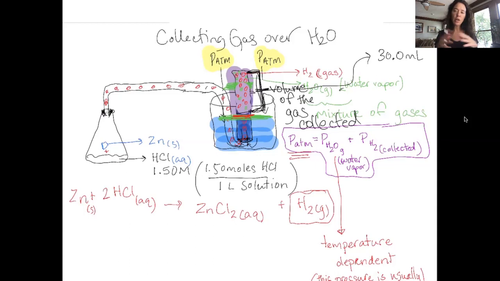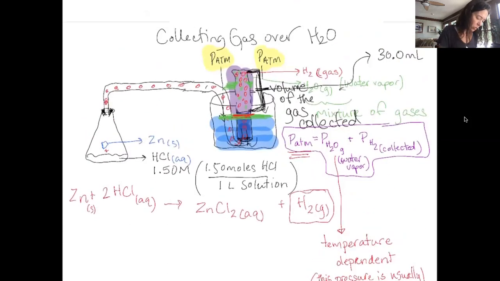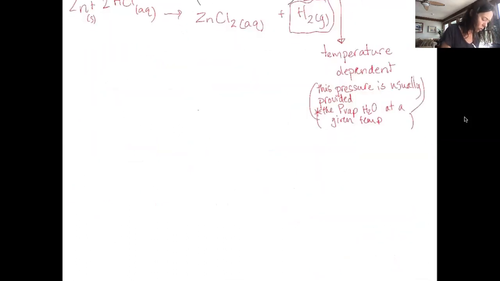So they're sharing the same space. The gas particles are assumed to not take up any space. We'll look at that in a different video. So whatever this volume is here is the volume of the gas collected. So we'll say that we collected 30.0 milliliters of H2.